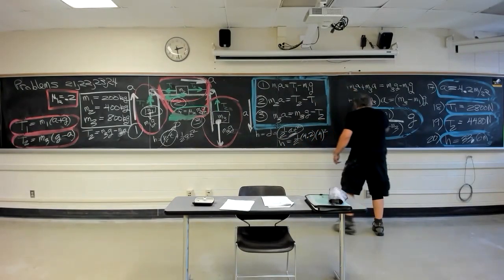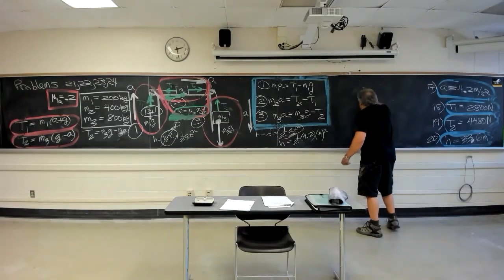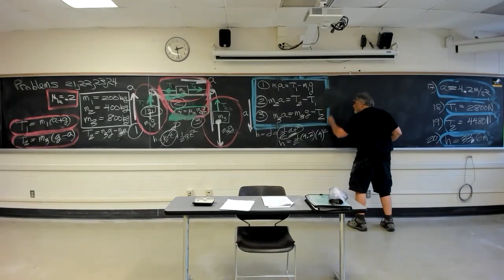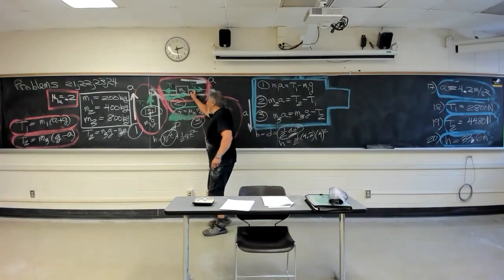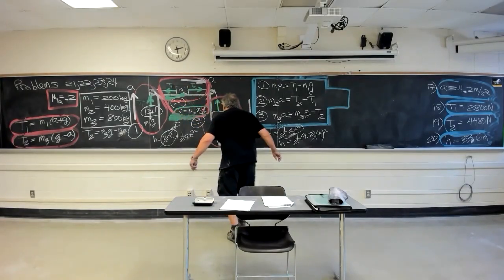When you do this, it's going to be similar to stuff we've done before, but let's be careful. It's T2 winning the fight. T1 is fighting T2, and so is F, which is mu sub k M2G.